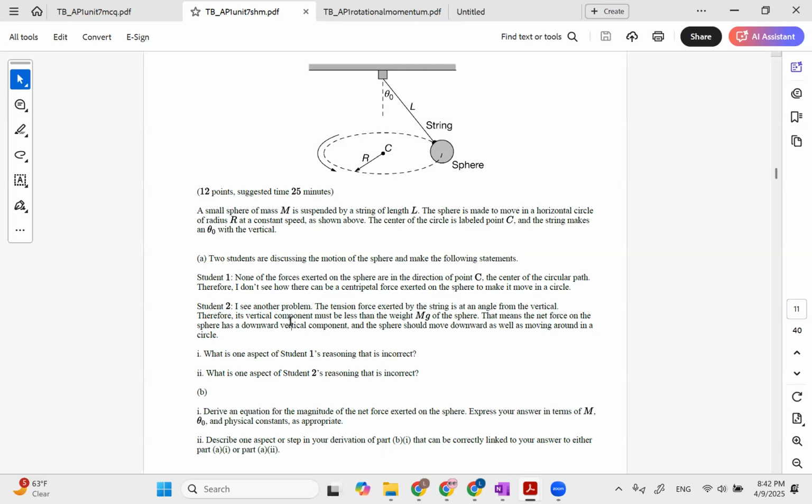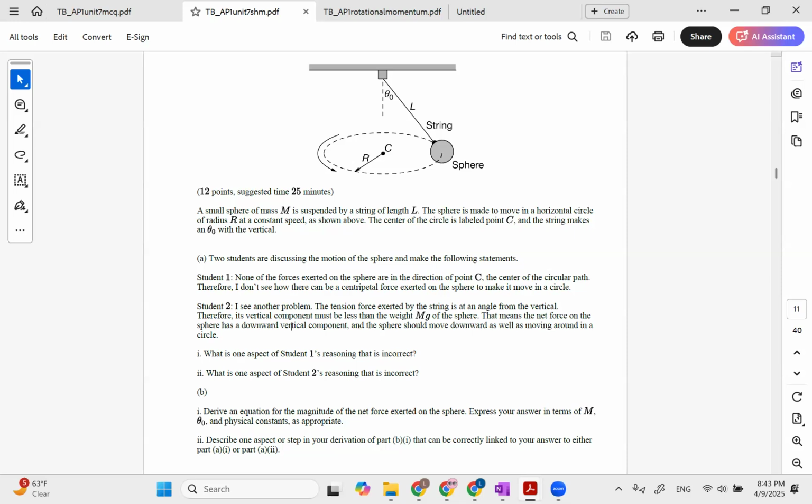Okay, I think student 2 said the vertical component must be less than the weight mg of the sphere is correct because it's actually cosine theta. But it says the sphere should move downward as well as moving around the circle.